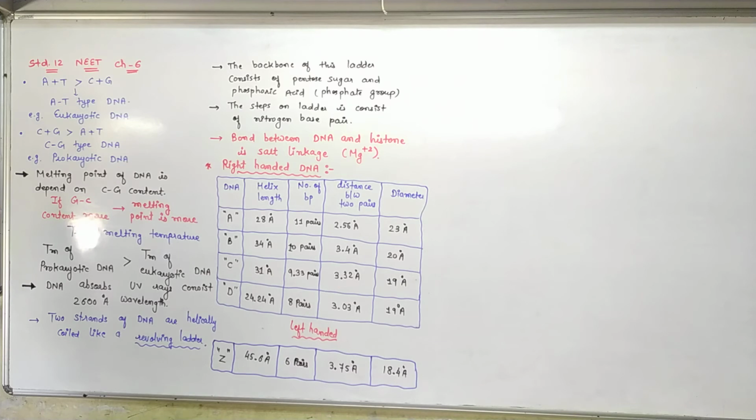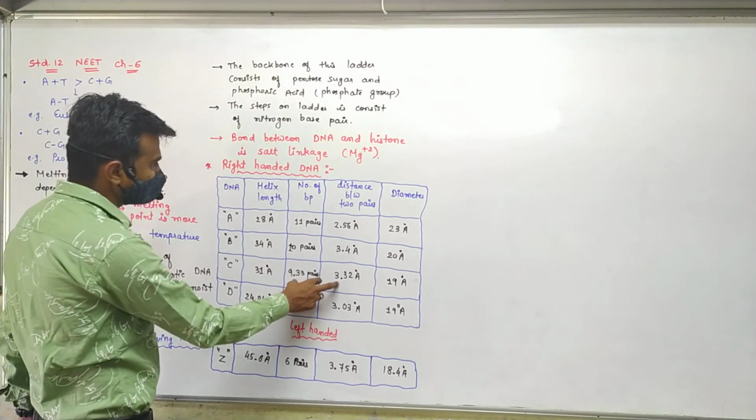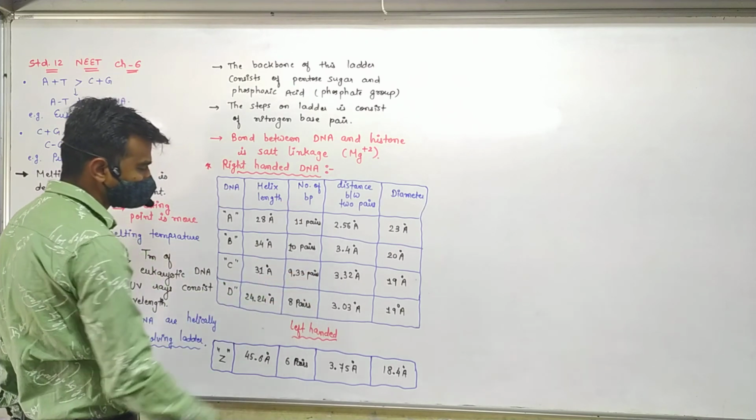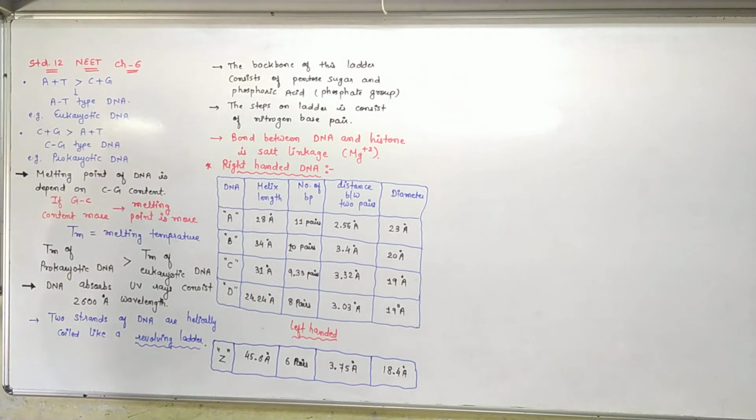B DNA, we will learn with this. C DNA: length of the helix 31 angstrom, distance between the two nitrogenous base pairs 3.32 angstrom, and according to this length, when you measure it, the number of base pairs is 9.33 pairs, and the diameter is 19 angstrom.